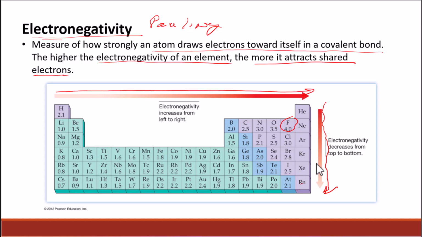They do have a high ionization energy, but their electron affinity is effectively 0. They just don't want to accept electrons. So this is the general trend from left to right: increasing to a maximum of 4 with fluorine, and then it decreases going down because the valence electrons are getting further from the nucleus, with less available pull to attract the electrons.